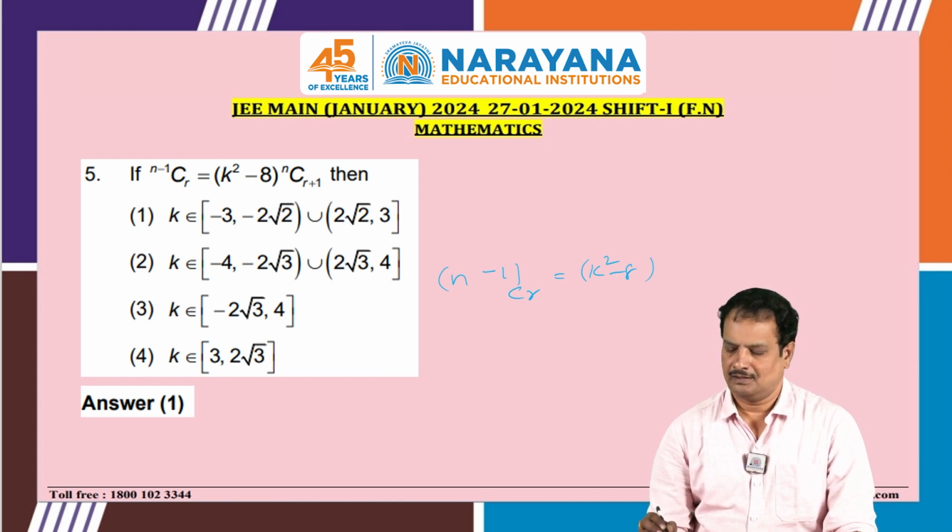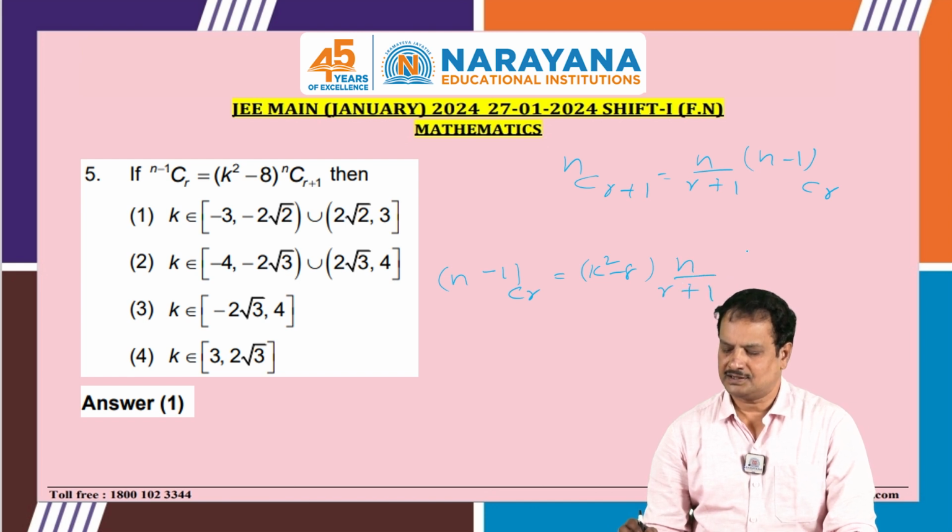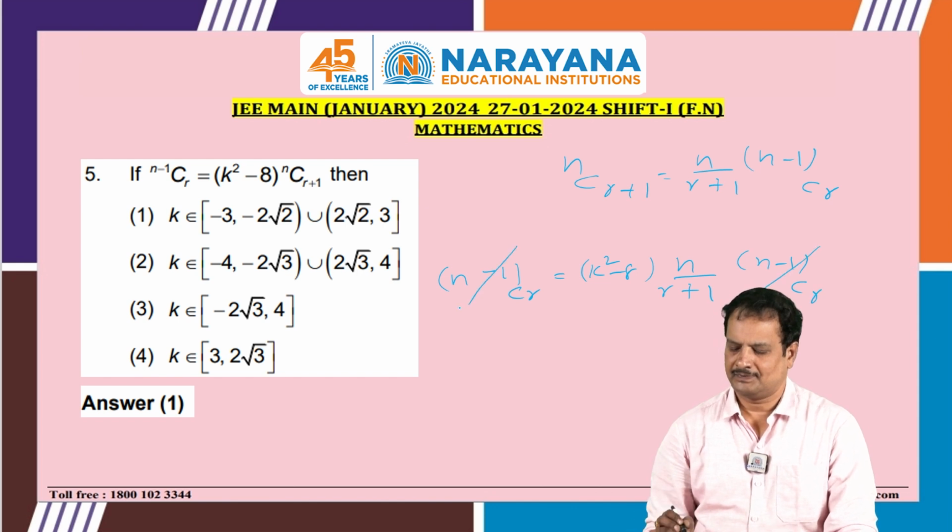But according to the formula, NCR plus 1 can be written as n by r plus 1 into n minus 1 CR. So because of this reason, here we'll get n by r plus 1 into n minus 1 CR. So this will get cancelled. Okay, and now we are having 1 by (k square minus 8) is equal to n by r plus 1.